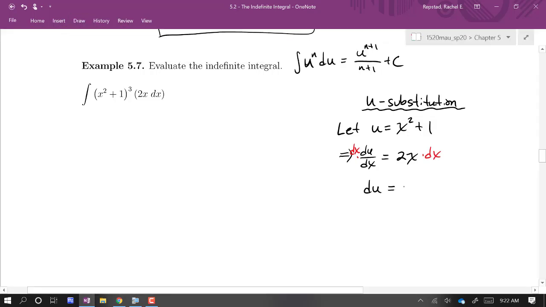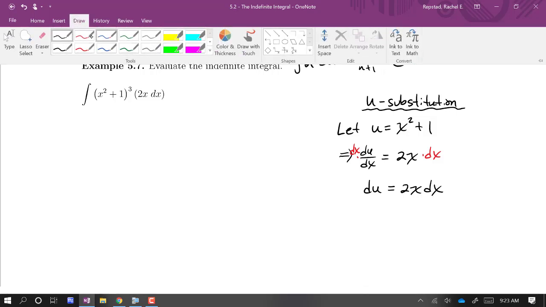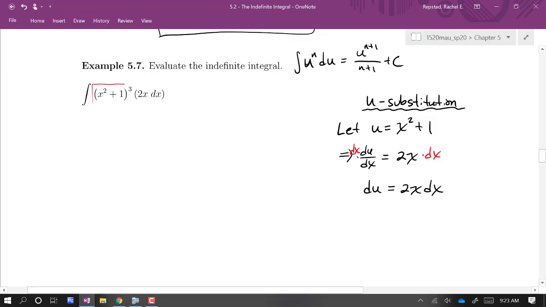We find that du is equal to 2x dx. Now I'm going to take what I have here and make a substitution. This part here is u cubed, and 2x dx is du. I'm just getting this right from what we did over here on the right.